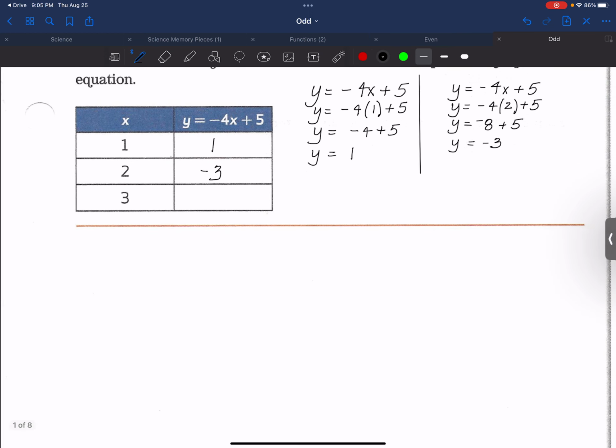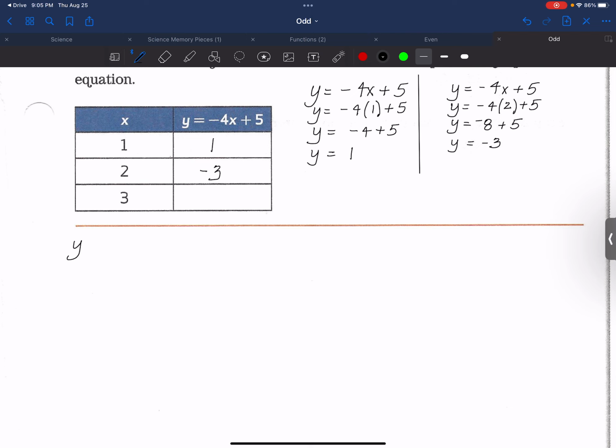I think I'll come right down here where y is negative 4x plus 5, and this time I'm going to substitute a 3. Negative 4 times 3 plus 5, so y is negative 12 plus 5, y is negative 7.